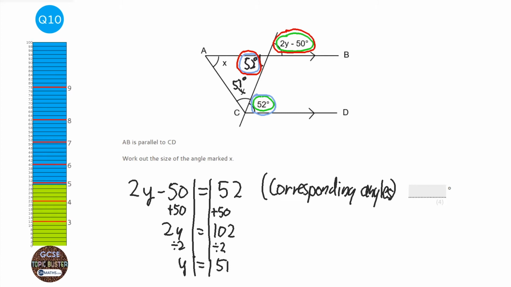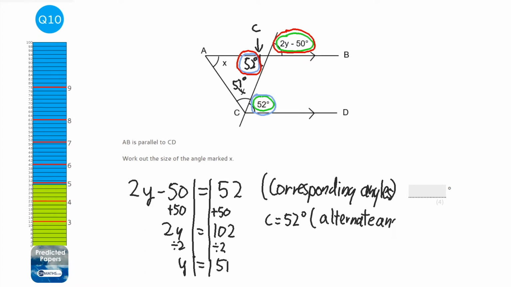So I know that this one here, and I could call it a letter on the diagram, so I could say C. I don't think there's another C, so C equals 52, and show the examiner that's because, well, let's go for alternate angles with the original value. Okay, so we've got three angles in a triangle.